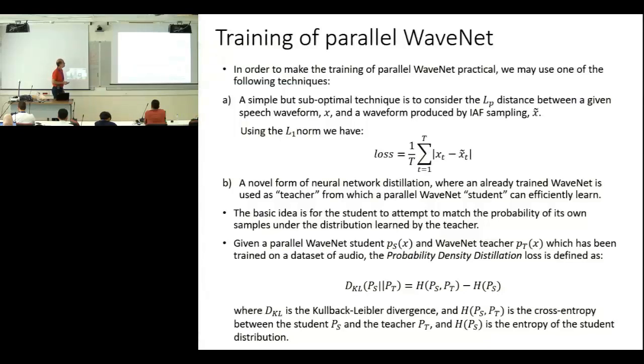An idea that is used in the paper of parallel WaveNet is to have two networks: an already trained network which is used as a teacher, and the parallel WaveNet which is used as a student, and distill the knowledge of the already trained WaveNet to the parallel WaveNet. This is an idea that is very common in machine learning.